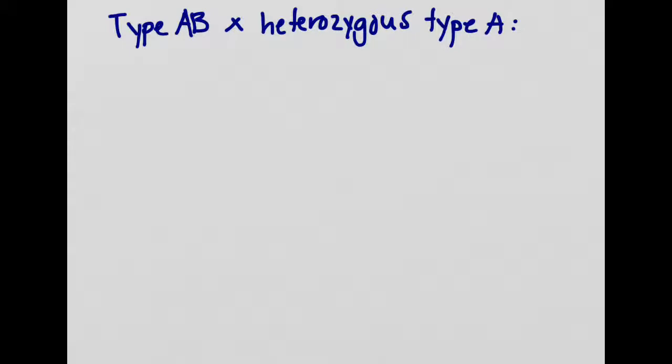So for the genotype of the first parent, we're going to draw out their alleles, which will be capital I A, capital I B, and the second parent, because they're heterozygous, we know that they're going to be capital I A, and instead of having another capital I A, they're going to have the recessive little i.